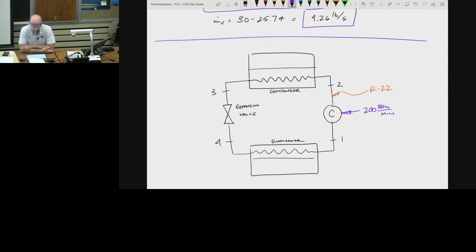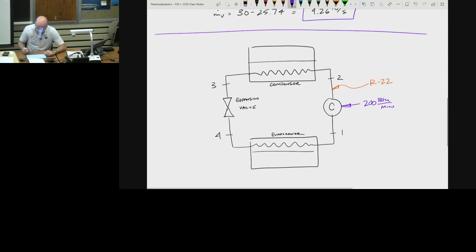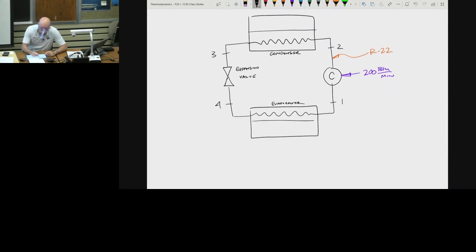Okay, that's how much power I must provide to that compressor. And so let's take a journey and see if we can follow the R22 here. And I'm going to tell you what's happening at state 1. State 1, it's going to be a saturated vapor. And the pressure at 1 is going to be 120 psi.